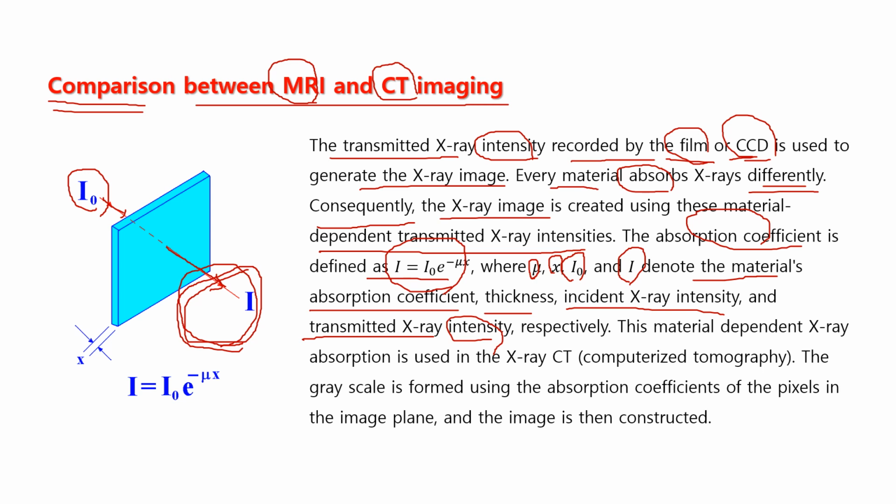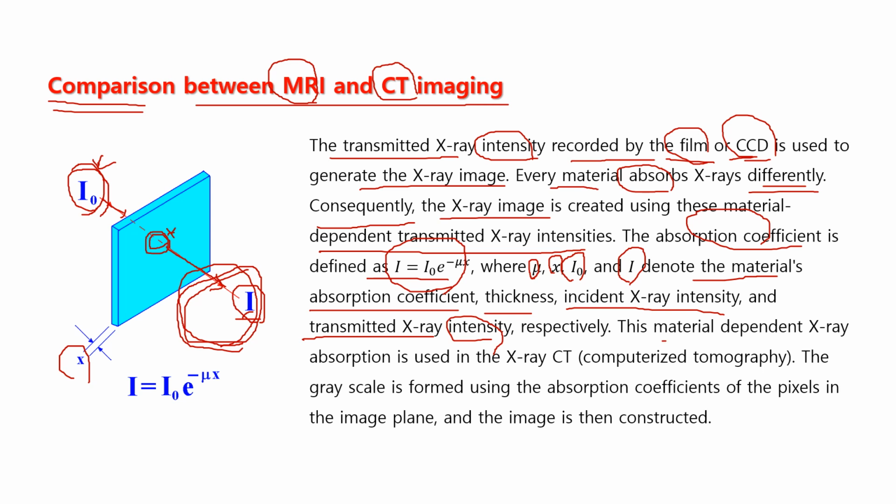Okay, so X-ray intensity I0 is transmitted through a certain material of thickness x, and some energy is absorbed by this material, and a smaller intensity than that of the incident X-ray is detected here. Okay.